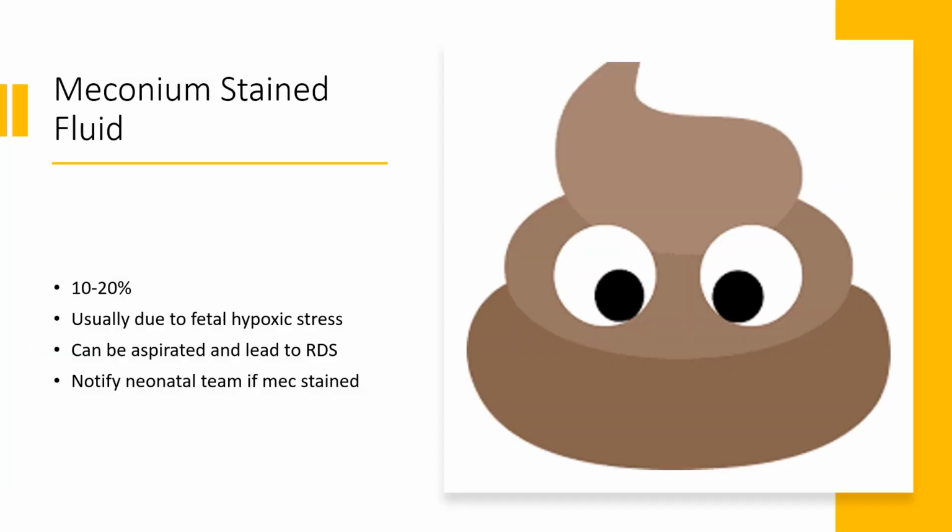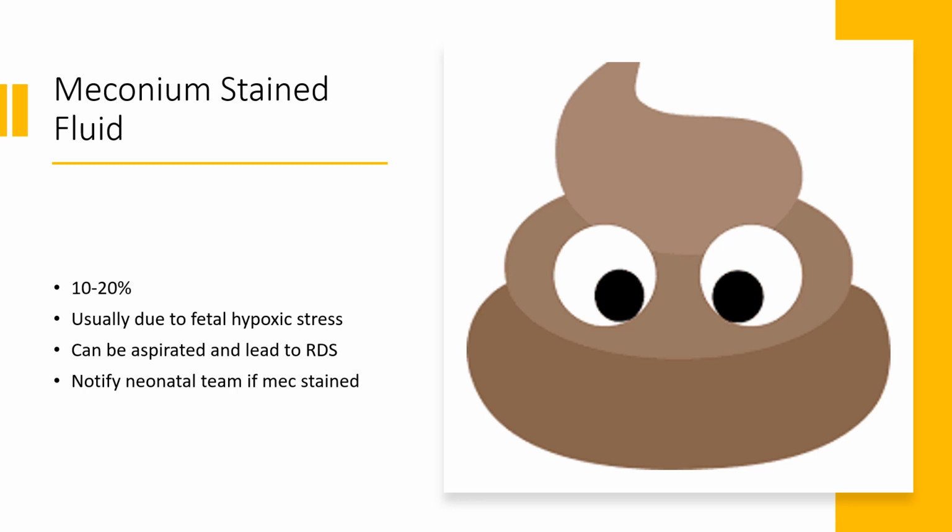So MEC stained fluid, or meconium stained fluid. I said this was a risk factor. 10 to 20% of labors have meconium stained fluid. So when a fetus is in utero, it doesn't poop, okay? It shouldn't poop. All that meconium is baby's first poop, accumulates in their intestine, and then they shouldn't release that or poop until after they're born.